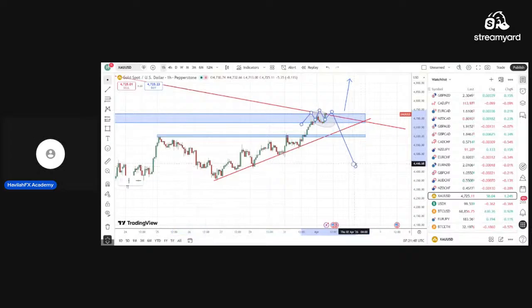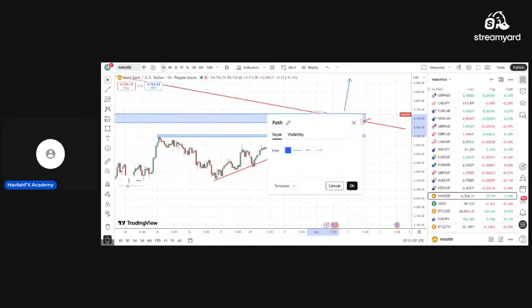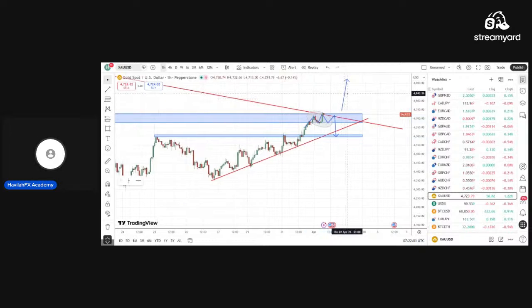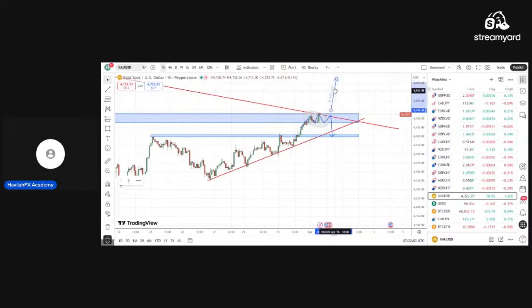So price may just come to target this spot and anything can happen from there. So we have a possibly short term sell and a longer term buy, all things being equal.